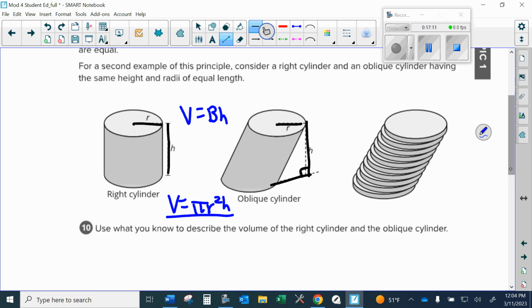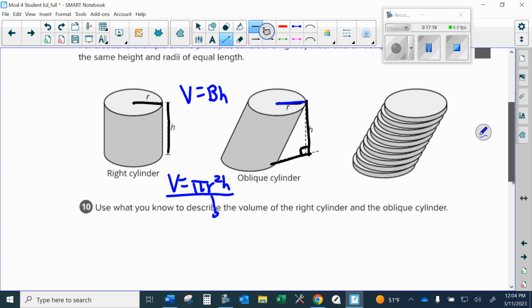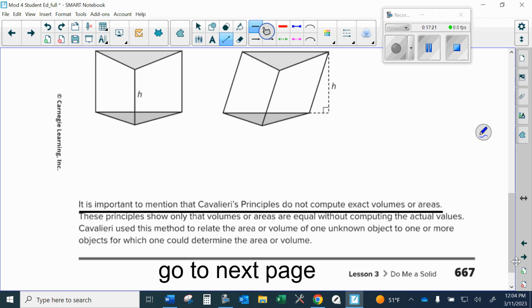We don't know what r is, so it's just r squared, and there's h. So there is the formula for both of them. It's important to mention that Cavalieri's principles do not compute exact volumes or areas. They're approximate. These principles show only that volumes or areas are equal without computing the actual values.